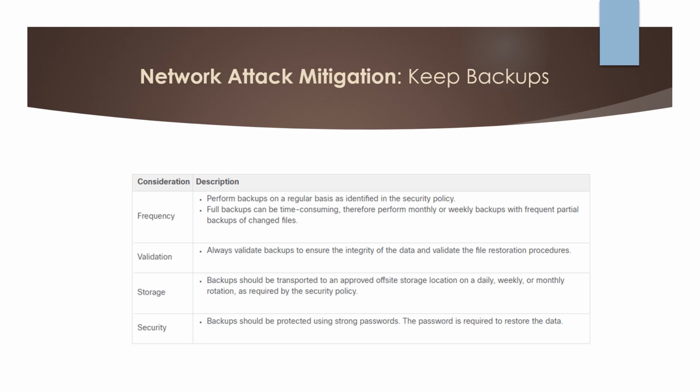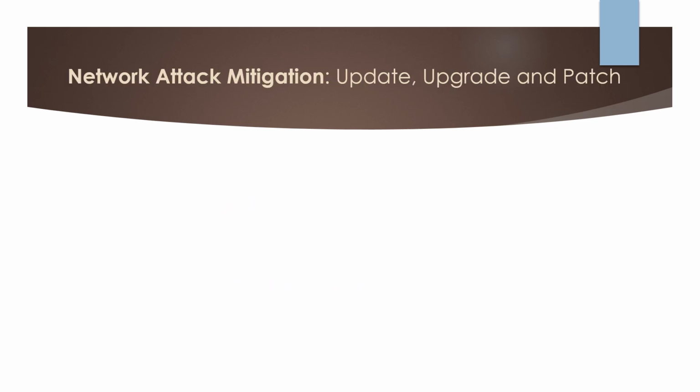Another way of network attack mitigation is upgrading, updating, and patching. Keeping up to date with the latest developments can lead to a more effective defense against network attacks. As new malware is released, enterprises need to keep current with the latest version of antivirus software. The most effective way to mitigate a worm attack is to download security updates from the operating system vendor and patch all vulnerable systems.